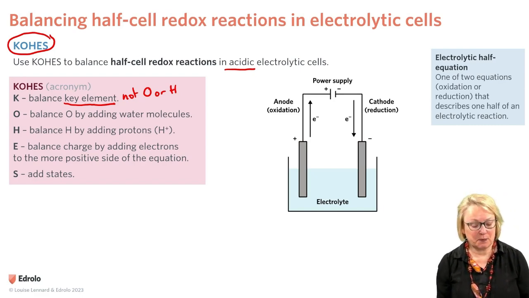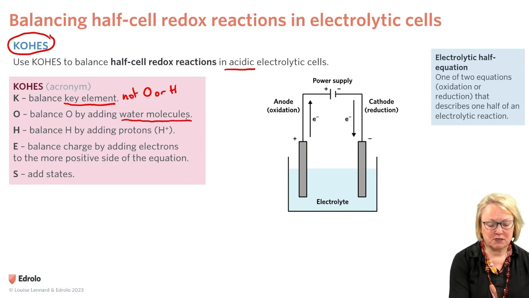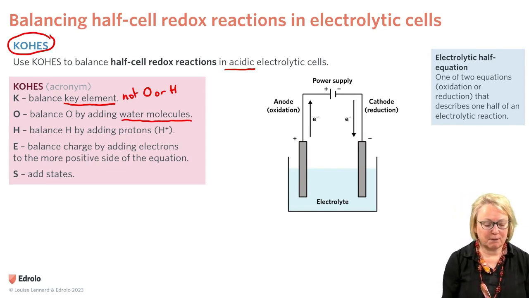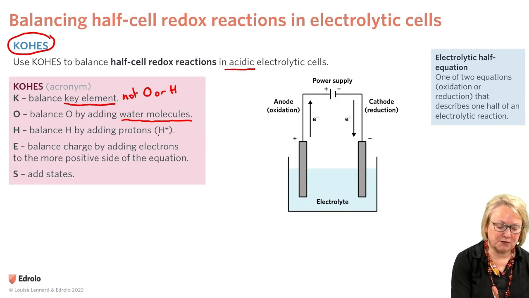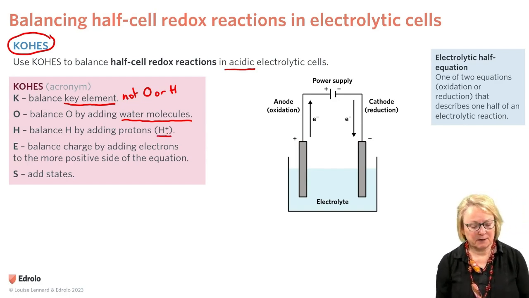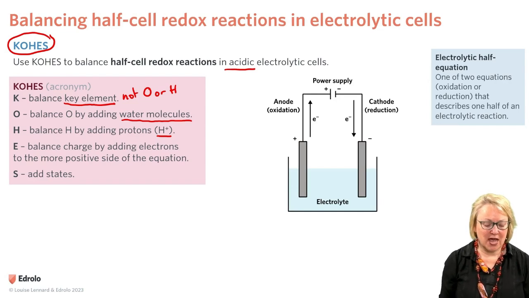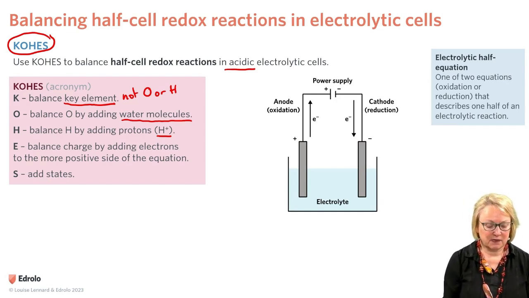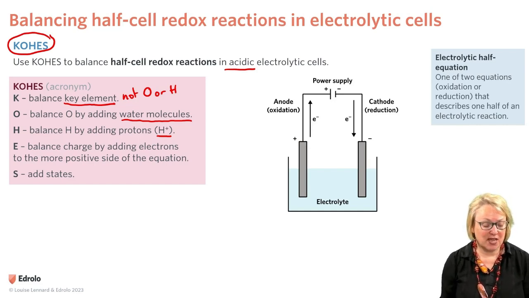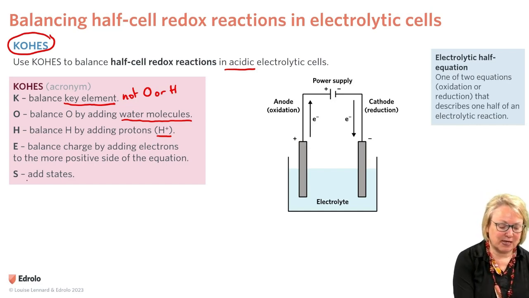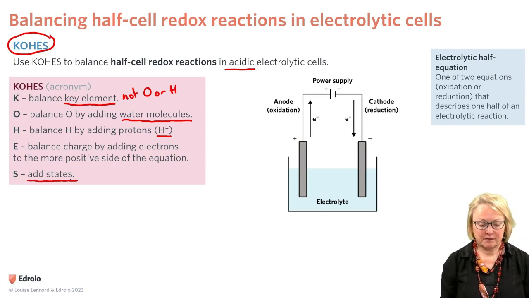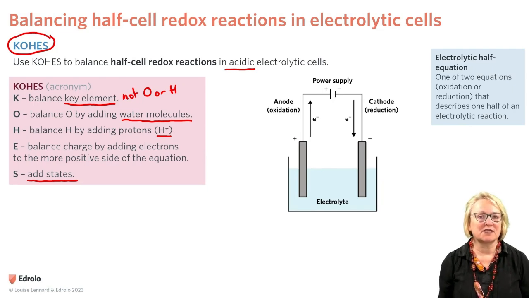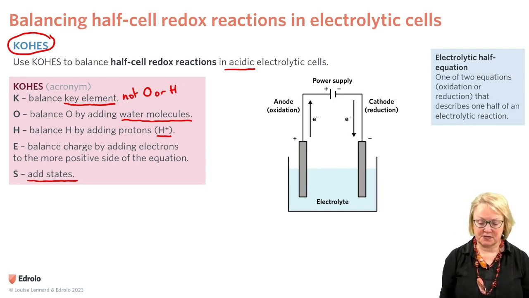Oxygen we balance by adding water molecules to the side that's deficient in oxygen. Hydrogen we balance by adding protons, which are H+ ions. Then we balance charge by adding electrons to the more positive side of the equation, because electrons obviously are negatively charged. And then the S means we add states. So if we follow those rules, we can write our half equations in acidic electrolytic cells.